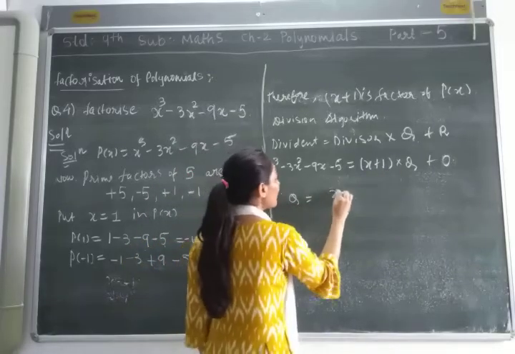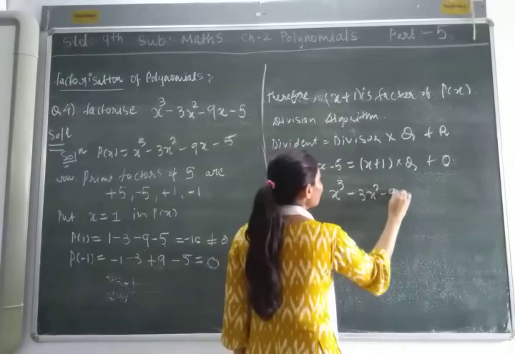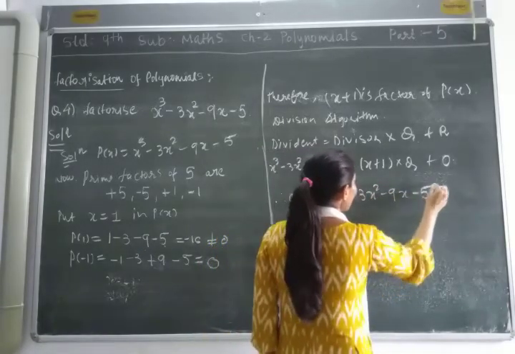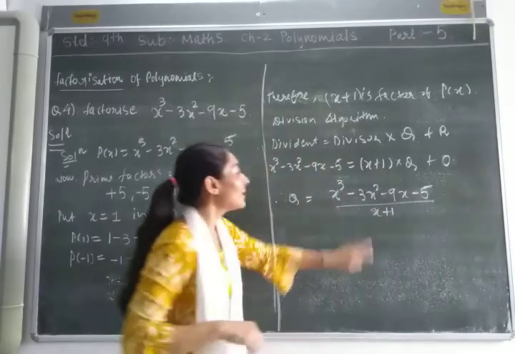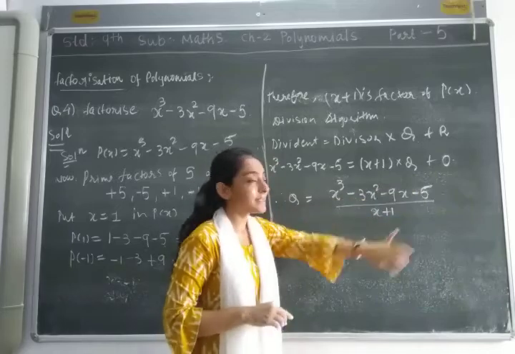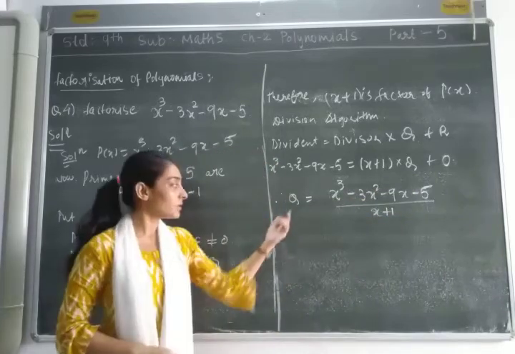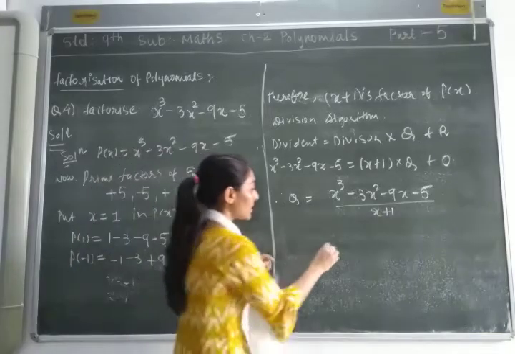So what I am getting over here is x cube minus 3x square minus 9x minus 5 divided by x plus 1. If I divide this polynomial by x plus 1, I get my quotient. Just divide this.